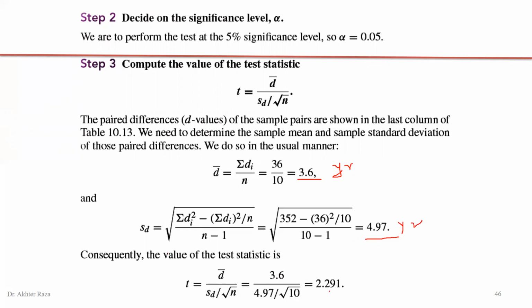The t statistic is computed from the sample, so it is t observed, and the t observed is 2.291.